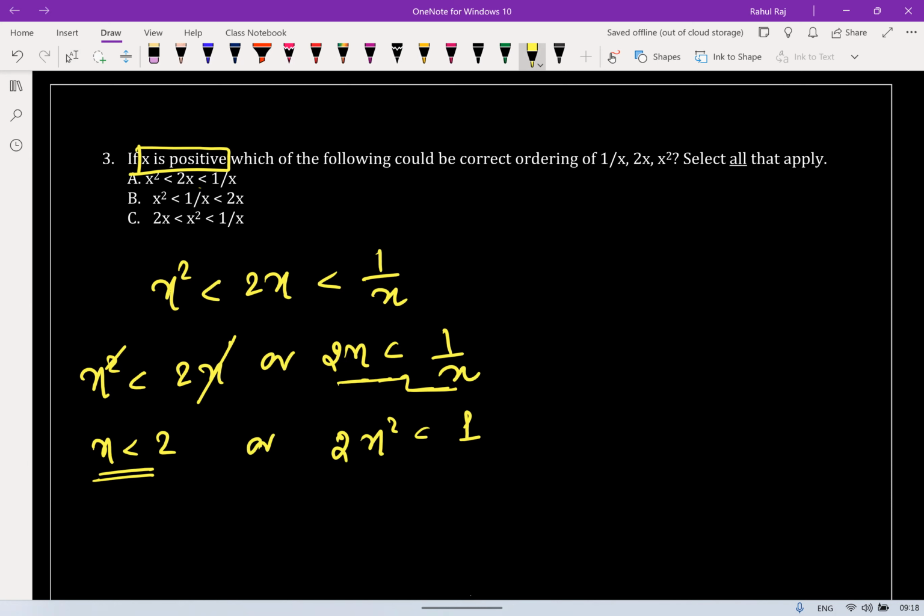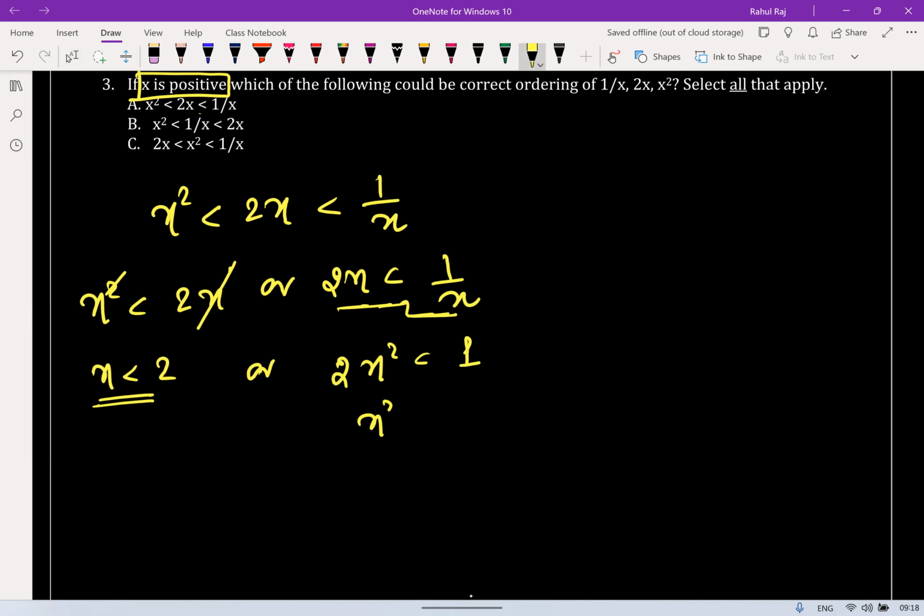You cross multiplied x and brought it to the other side, so x square is less than 1 by 2. Agreed? Yeah. x square is less than 1 by 2. Can I say x is less than 1 by root 2, Alexa? Does the root go on the whole fraction or just the denominator? No, the whole fraction, but root 1 is 1 now. That's the reason I didn't take the root on the above. Okay, it will go like this.